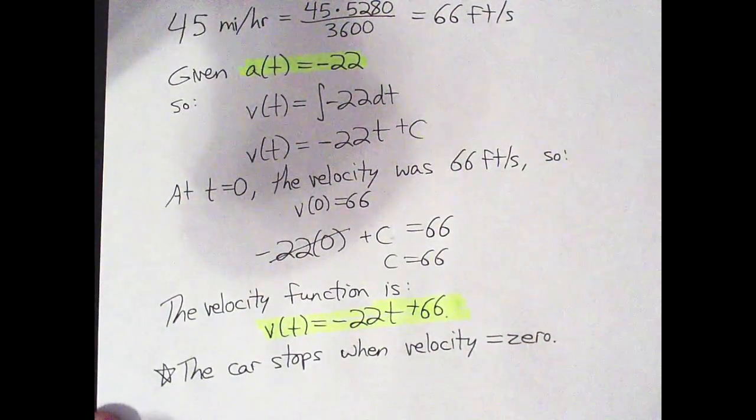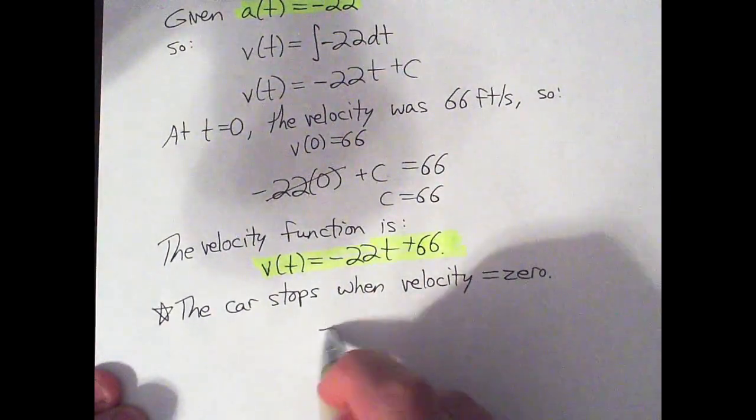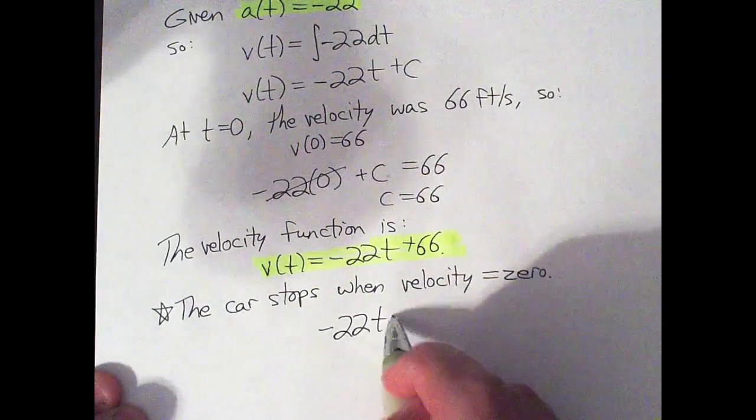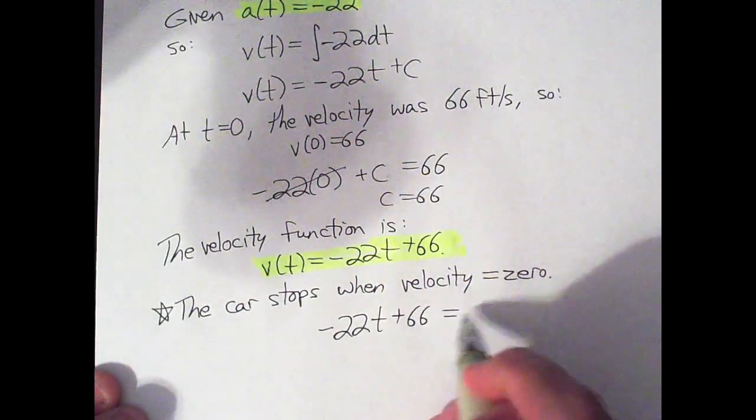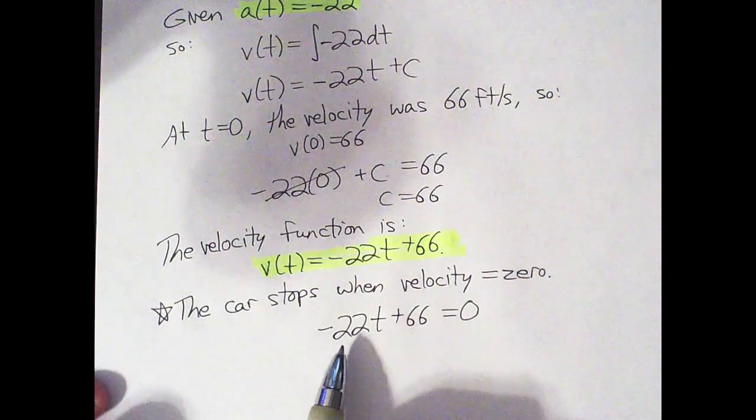That's what it means to stop, right? Your velocity is 0. So we can just take the velocity function and set it equal to 0 this time. You don't need the position function, because this question is about how long it takes to stop.